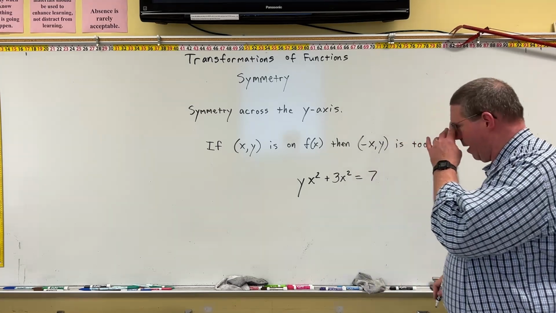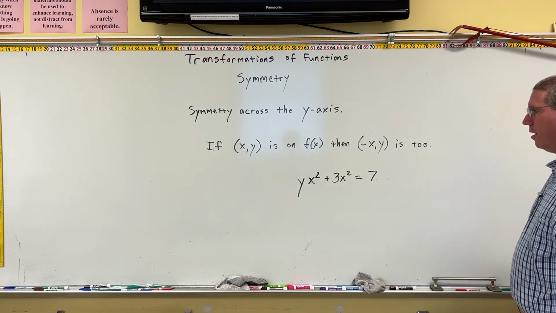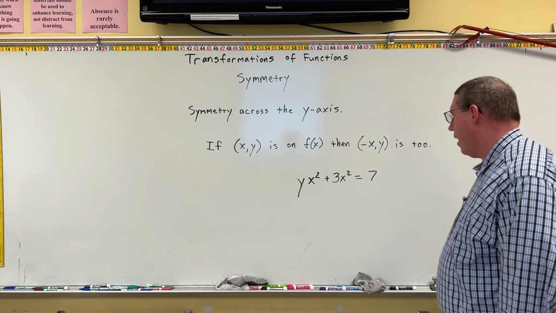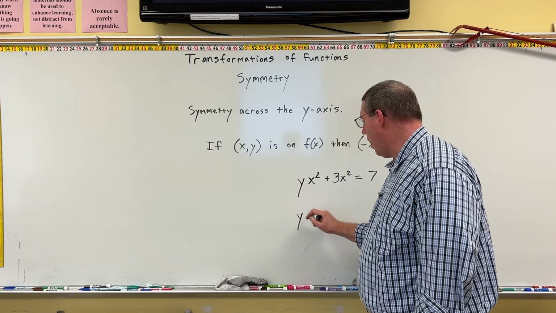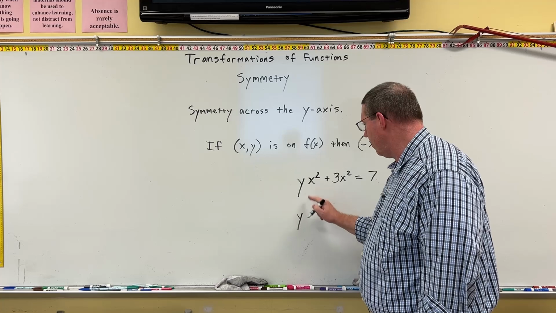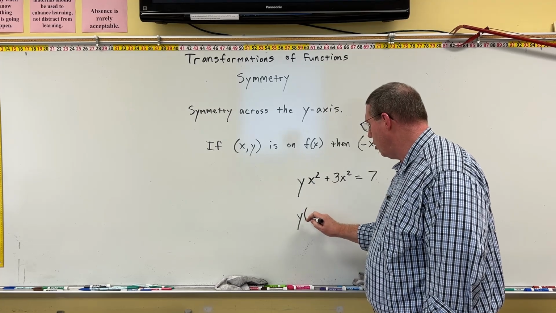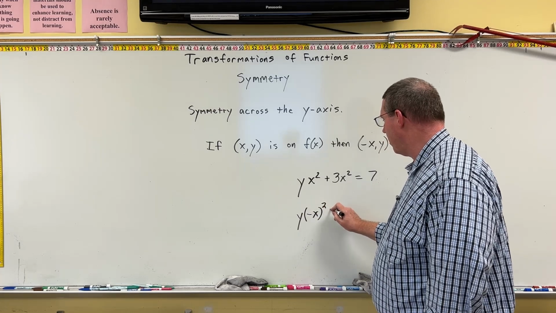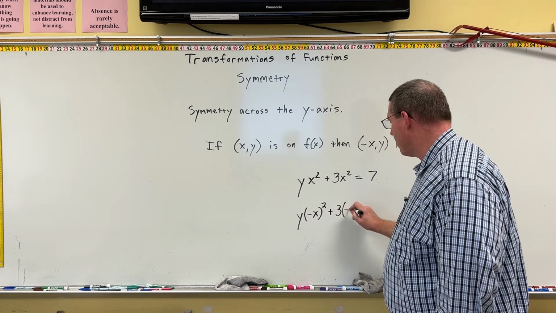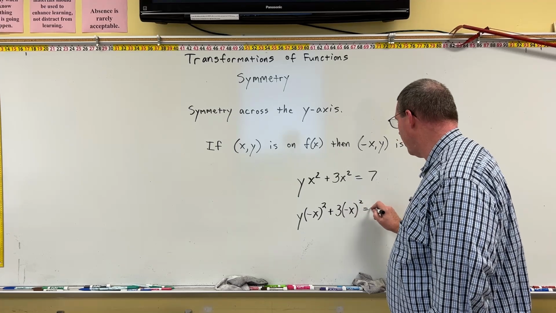Okay? And you might be asked, well, hey, does this have symmetry across the y-axis? And so what we would do in this case is rewrite the whole thing, but every time you encounter an x, you would put parentheses and negative x. So it would be y times (-x) squared plus 3 times (-x) squared equals 7.